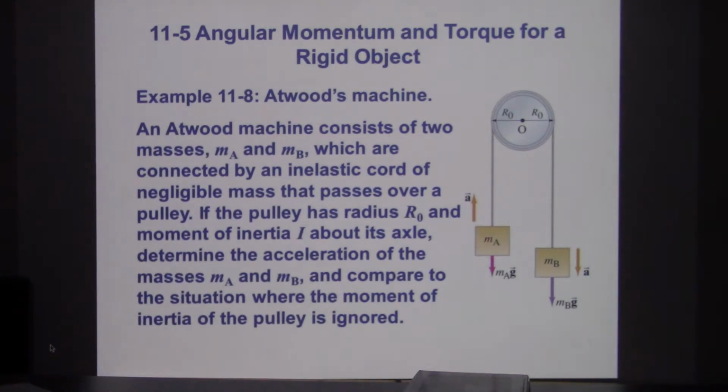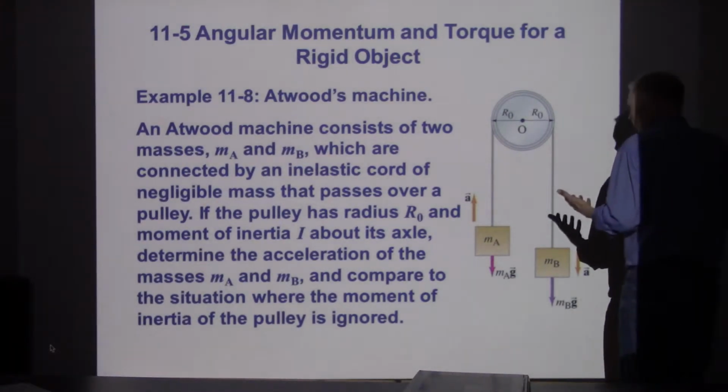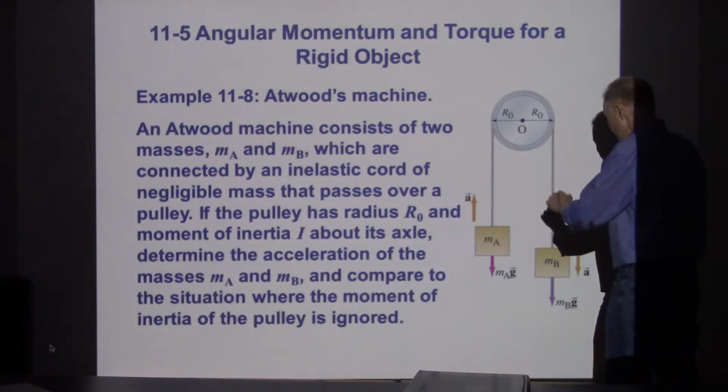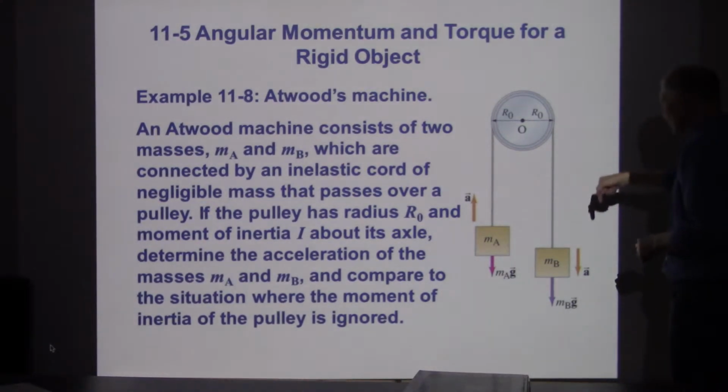Anyway, we want to set out to calculate the acceleration of the system. Now, if we let go of this, what likely will happen is the heavier object is going to win out, and we're going to accelerate in that direction.